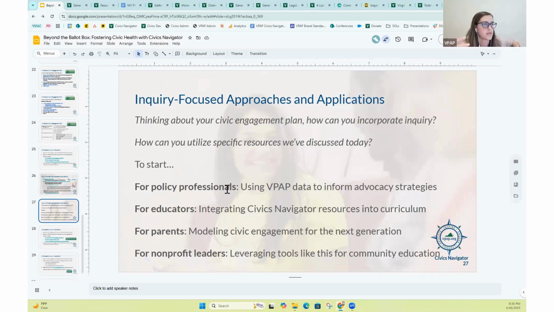You could start with some of those resources, but again, starting that conversation around state and local government and modeling that it's good and healthy and normal to talk about what's going on in Virginia government and politics. And for our nonprofit leaders, maybe leveraging a tool like this plan with your group or organization to further the civic learning of your organization so that you're able to better serve the people that you're working with.